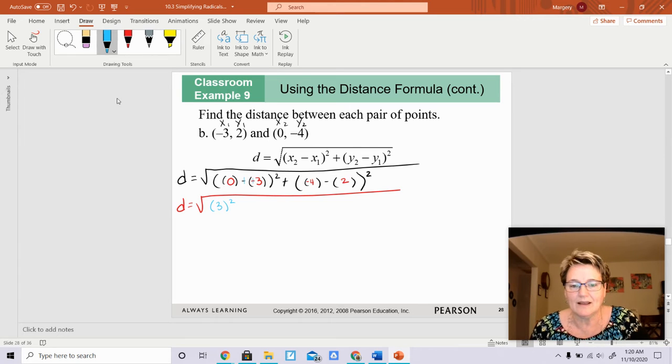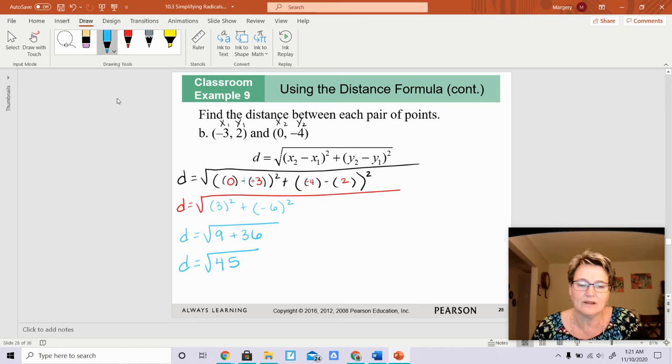Over here, we have a negative 4 plus a negative 2. That gives you a negative 6 squared. So d is equal to 9 plus 36. Negative 6 squared is 36. 3 squared is 9. So d is equal to the square root of, what is that, 45? 45, right?